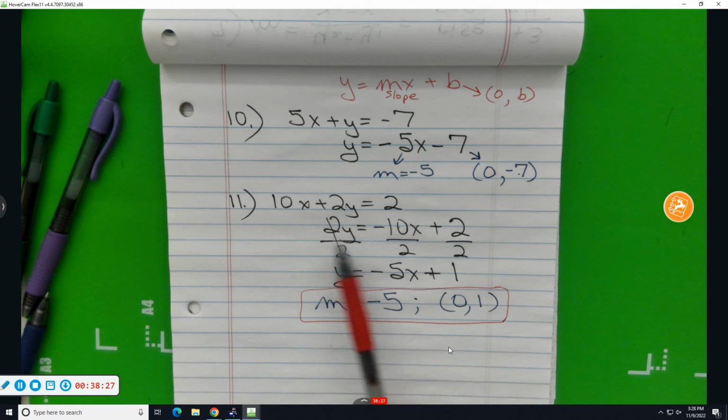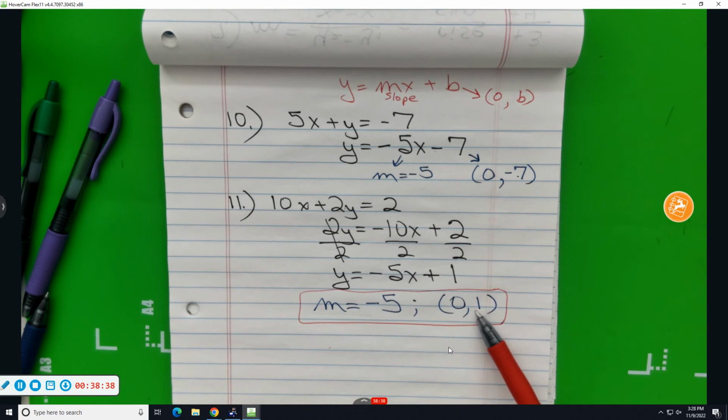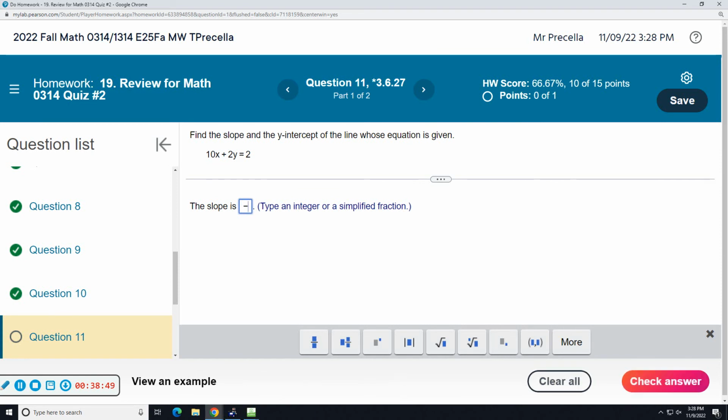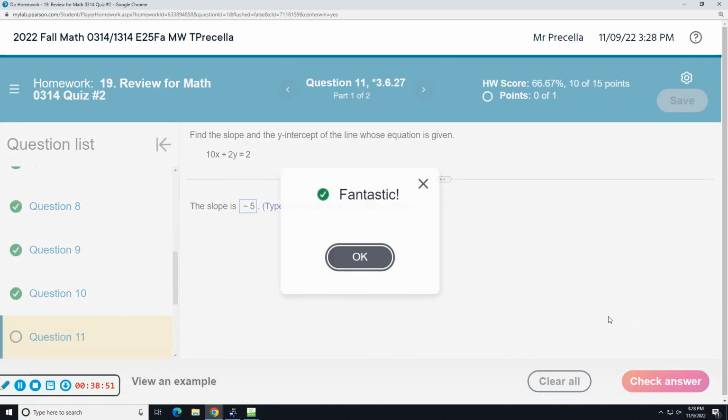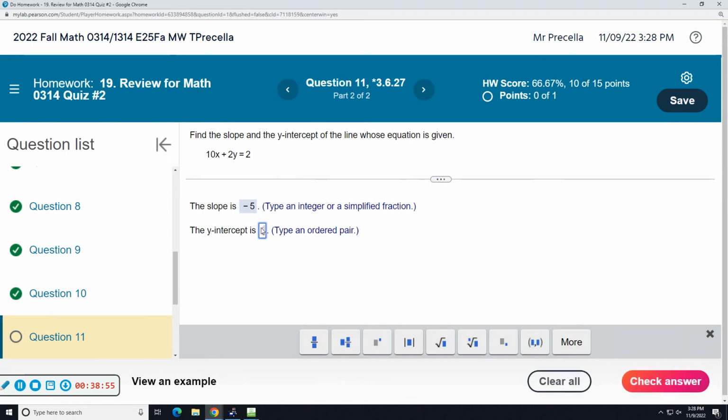We had to solve for y. And the number in front of x was the slope. That constant term tells you the y-coordinate of where the line passes through the y-axis. So the slope is negative 5, and the y-intercept is the ordered pair 0, 1.